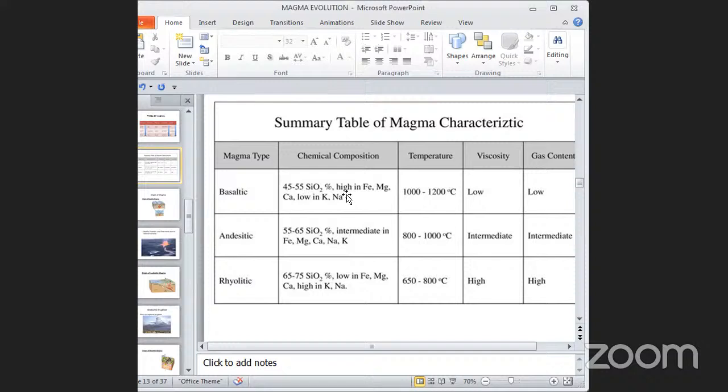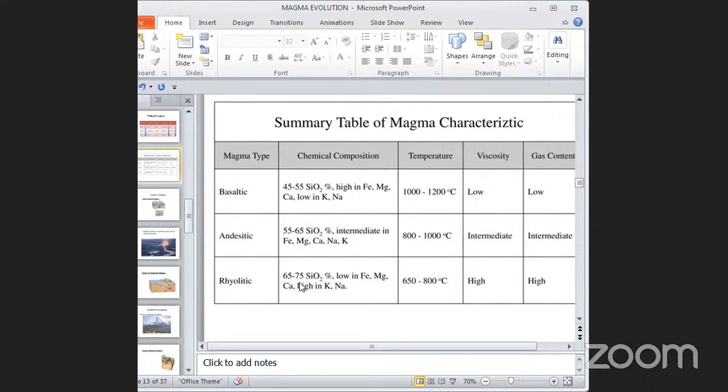So the temperature of basaltic magma is 1000 to 1200 and viscosity is low and gas content is low, right? And andesitic magma, so the silica content is 55 to 65 and intermediate in iron, magnesium, calcium, sodium, potassium. So the temperature is 800 to 1000 degrees Celsius. And also viscosity is intermediate and gas content is also intermediate.